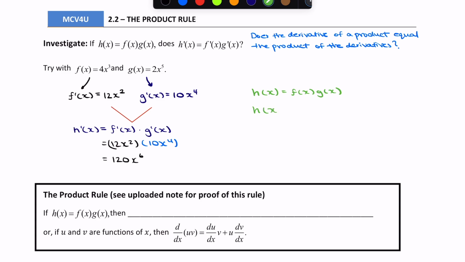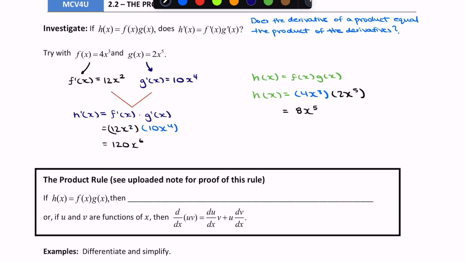So here, h of x is equal to f of x, which is 4x cubed, and g of x, which was equal to 2x to the power of 5. We multiply those two together. We see that 4 times 2 will give us 8. x to the power of 3 times x to the power of 5 is x to the power of 8.